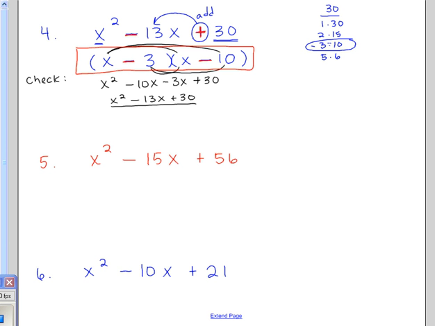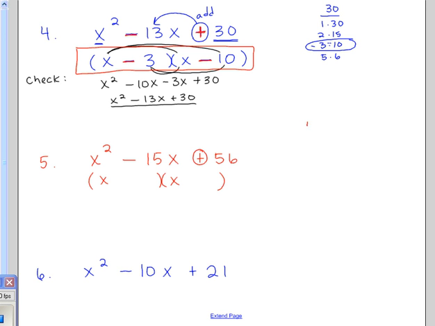Okay, let's look at number 5. x squared minus 15x plus 56. There's no common factor. If I'm beginning with just x squared, then I'm going to have x times x. I need to look at the last number as a positive 56.